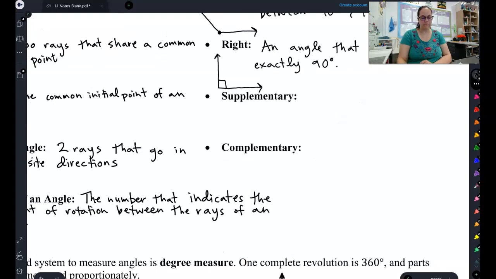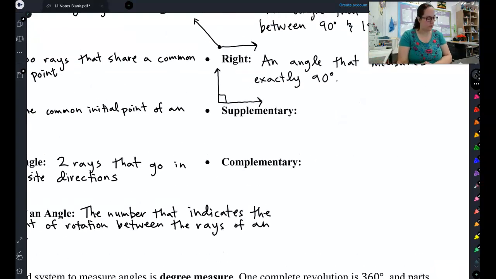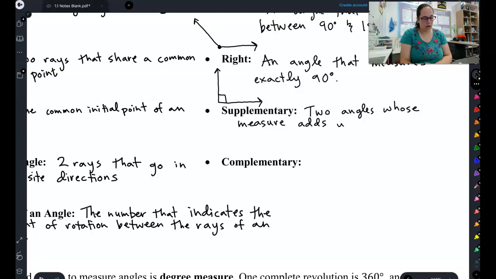It's very important. Two more vocab words. We have supplementary, which are two angles whose measure adds up to 180 degrees. So two angles that when you add them together make a straight angle. So I have this angle and I have that angle.